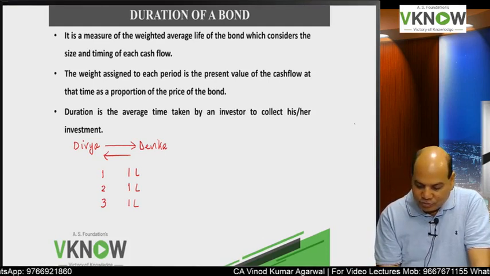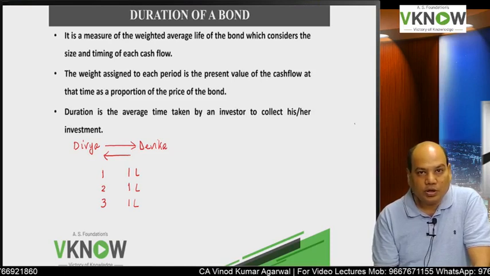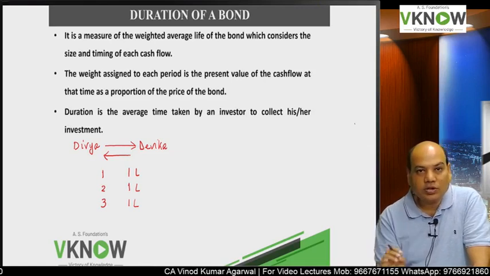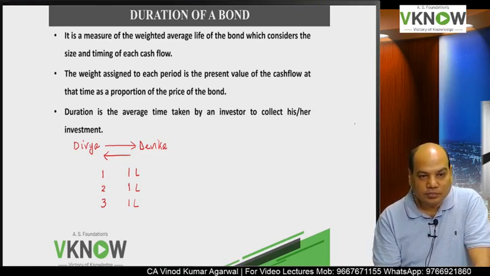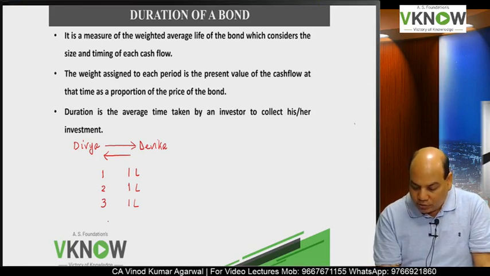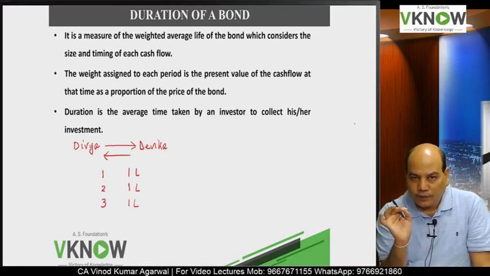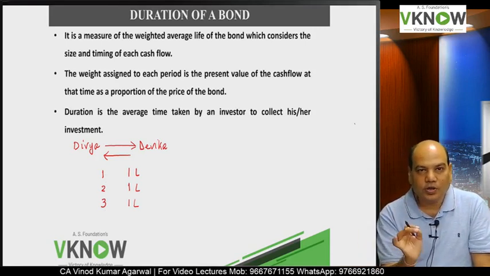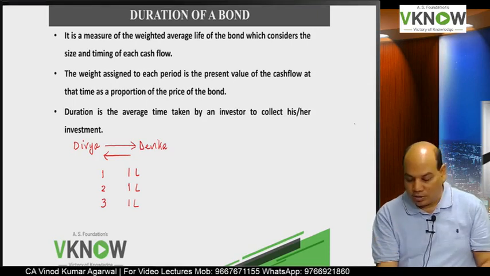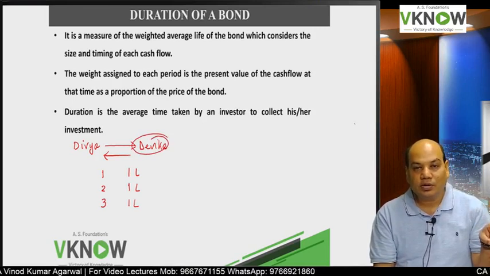Understood? So what is the duration of the loan? The question is, what is the duration of the loan? The answer is not 3 years. 3 years is the total time period in which the loan will be repaid. But if you look at it very carefully, very closely, you will find that Devika has not given one loan to Divya.